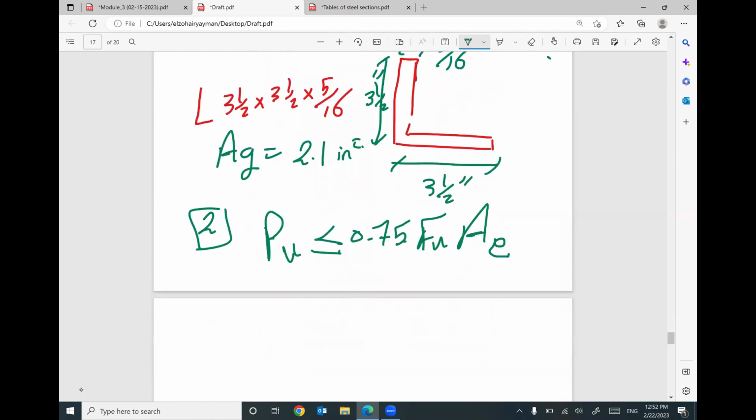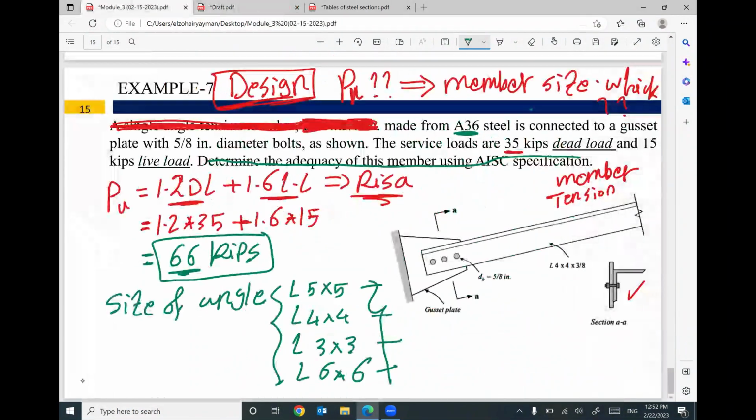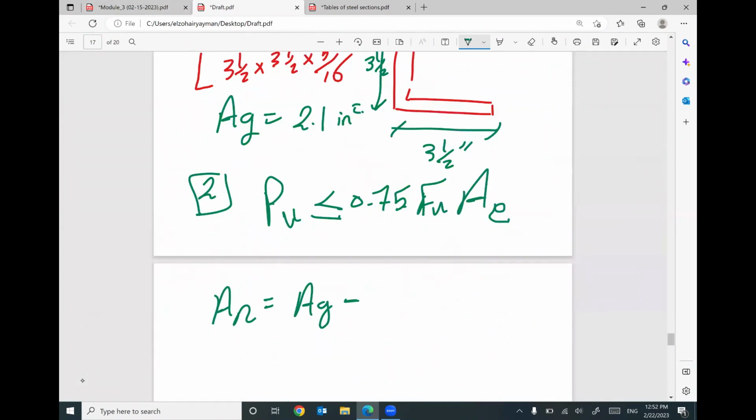Go ahead and find your area net. Area net equals area gross minus summation d hole plus 1/16 times thickness. This connection looks like it's parallel. Your area gross is 2.1 minus summation.